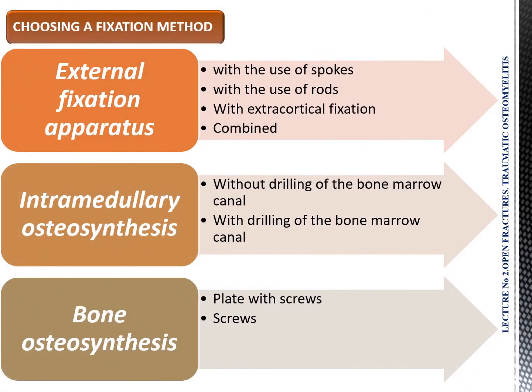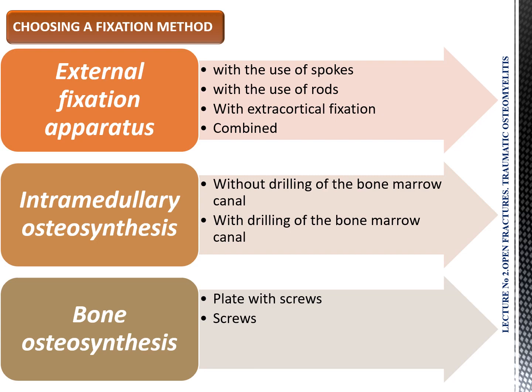At the last lecture, we talked about the tactics of approaching the choice of the fixation method. Let's once again systematize our understanding of the concept of the fixation method. So, fixation can be carried out in the fracture zone with the help of external fixation devices.